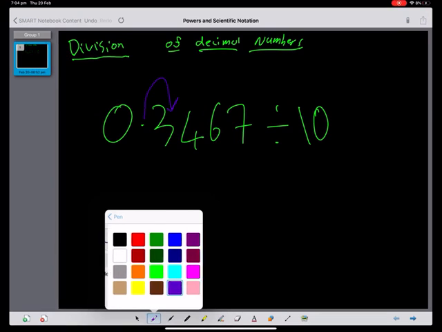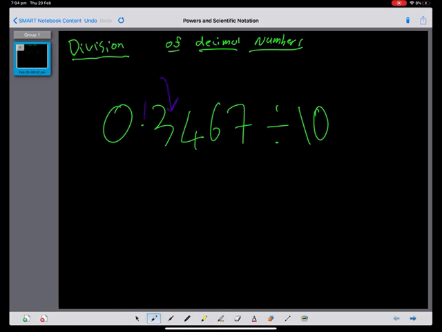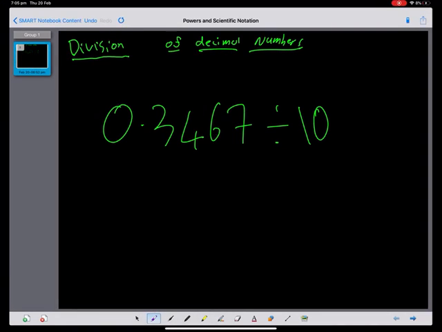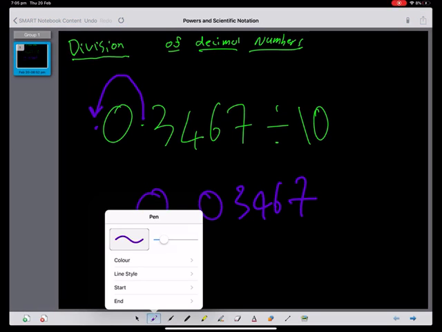But because we divide by 10, it's going to move the other way. So let's move this in the other direction. It's going to move here, so we get 0.03467.